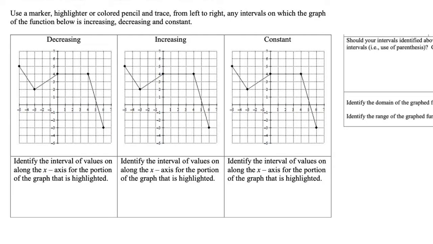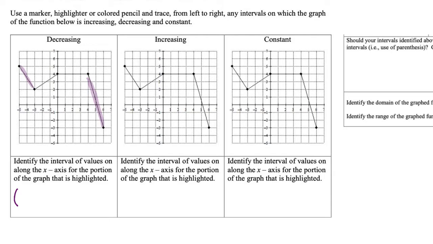Hopefully we see that we are decreasing here and we are also decreasing here. In those two areas, we need to write the interval over which we are decreasing, and we're going to use open parentheses here, don't use brackets.